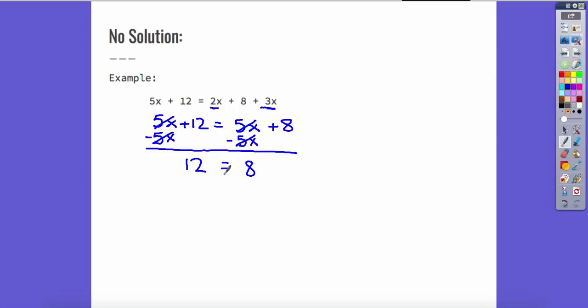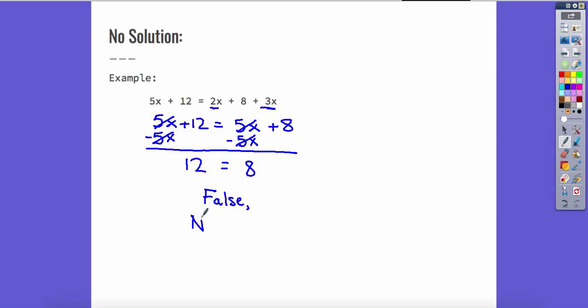And remember that I'm looking at what equals means. Are these things the same? Are they going to result in a true or a false statement? Well, for as long as I've been doing this, 12 does not equal 8. This is false. And because it's false and x cancels on both sides, there are no x values that will ever allow me to have these two statements be equal.